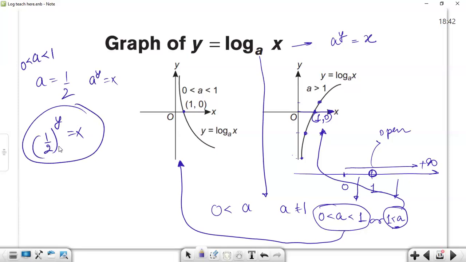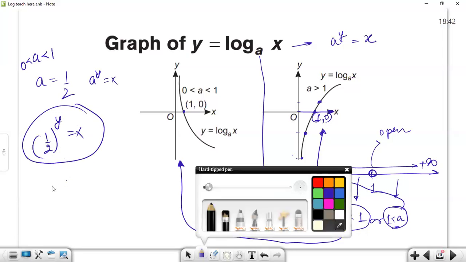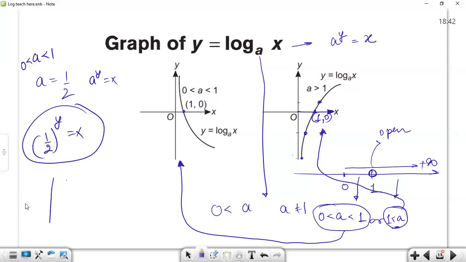Now we can easily draw its graph. For x equal to 0, y will not be defined, because a power of anything cannot become 0, except when the base is 0, but the base is half here. So for any power of half, it will never become 0.